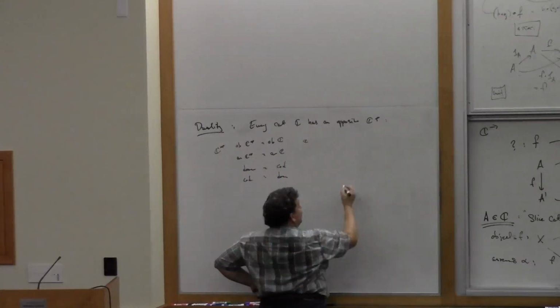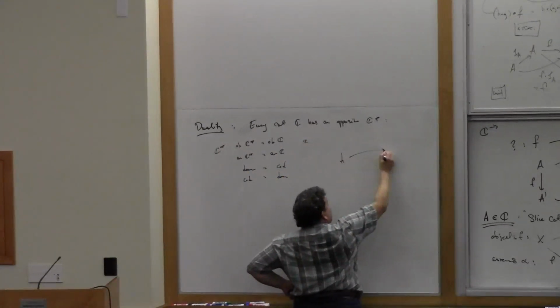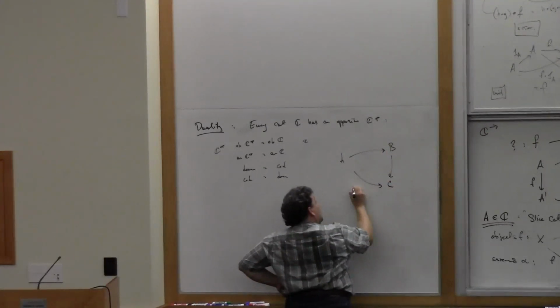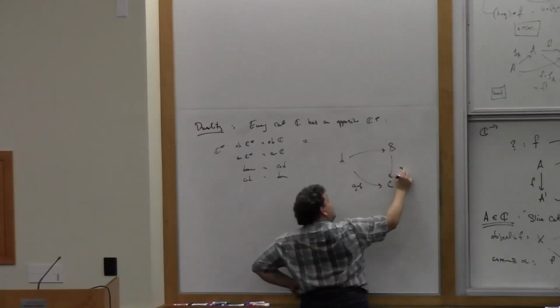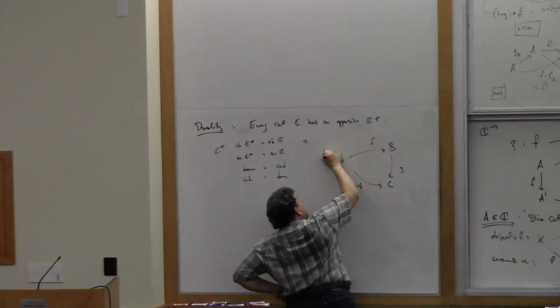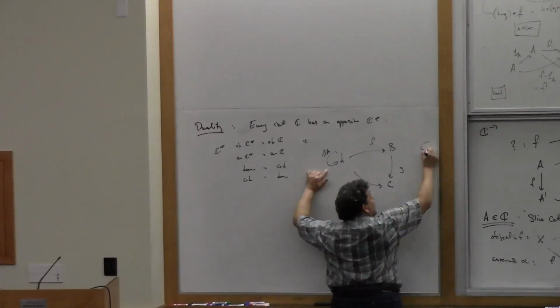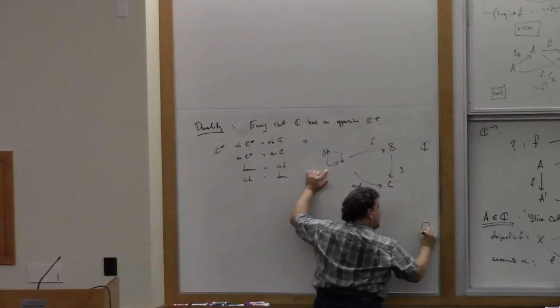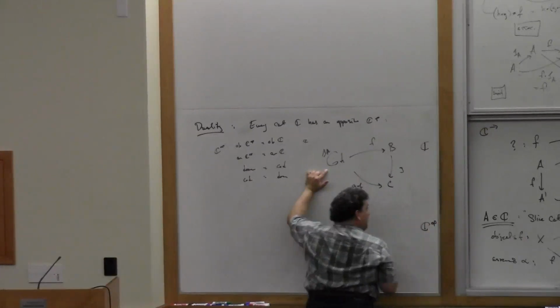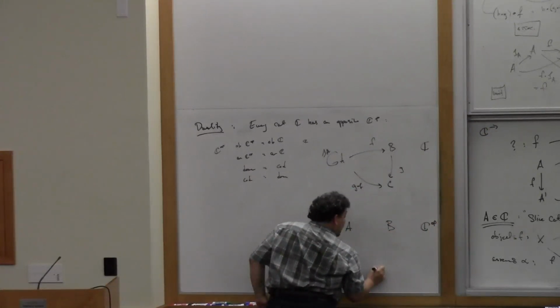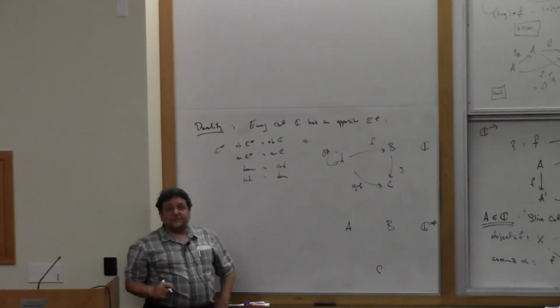So the idea formally is this. If I have some diagram like this, with objects A, B, C, and arrows F and G, G after F, and the identities are the same too, by the way, and this is in C, then I can regard that as a diagram in C op with the same objects, but I regard the arrows as going in the other direction.